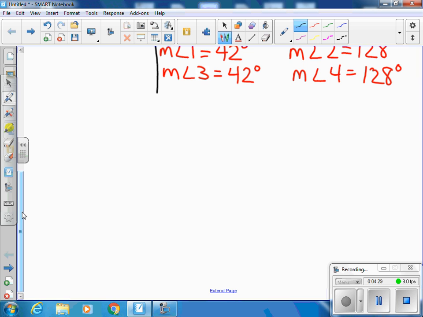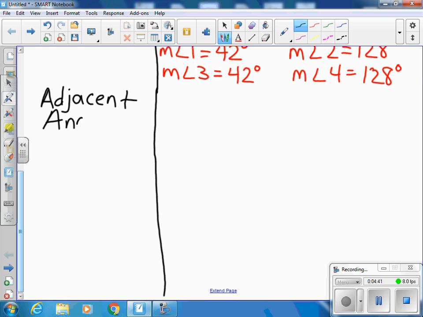The next type of angle that we're going to be dealing with doesn't really have any calculation pieces to it. There's no numbers attached to it. It's just being able to identify them. And these are known as adjacent angles. When something is adjacent to somebody or something else, it is side by side to them. Your next door neighbor at home is adjacent to your house.